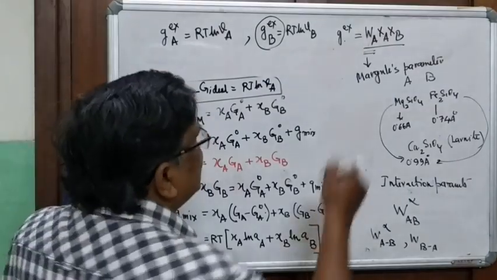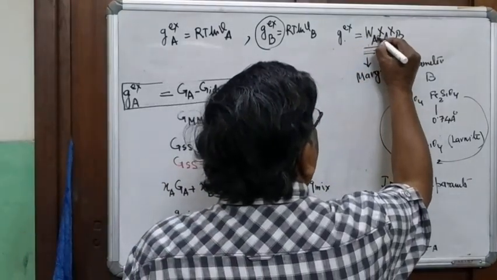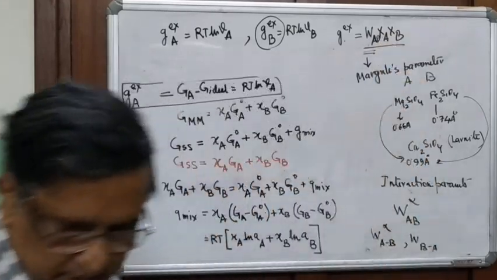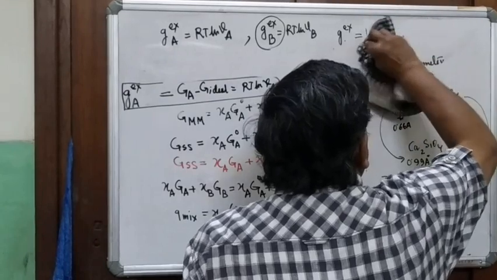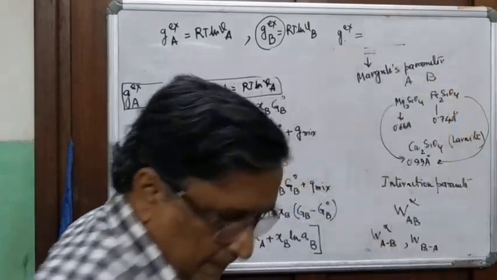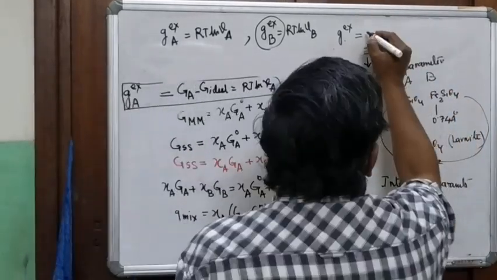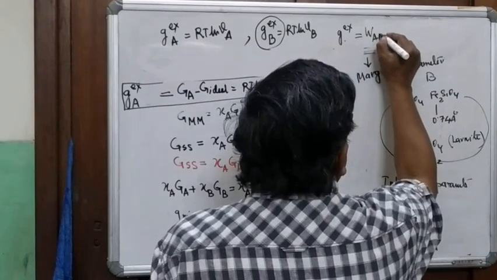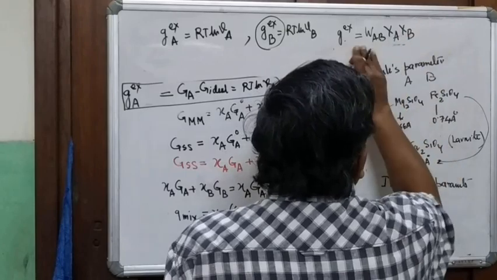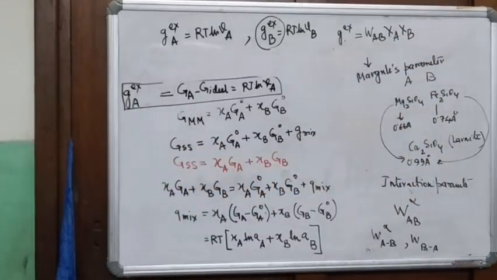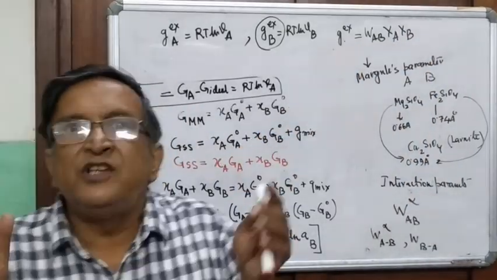But in this, where you have WAB only, then it is called symmetric.